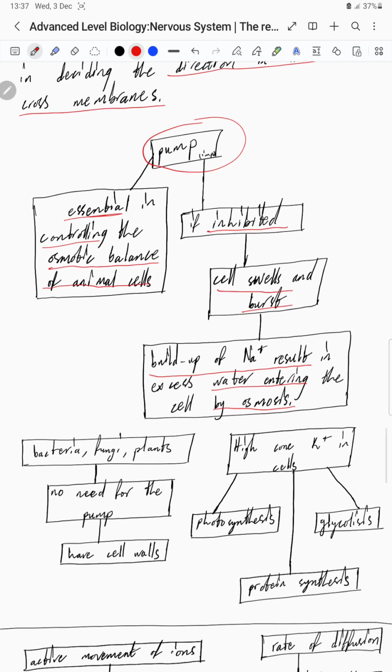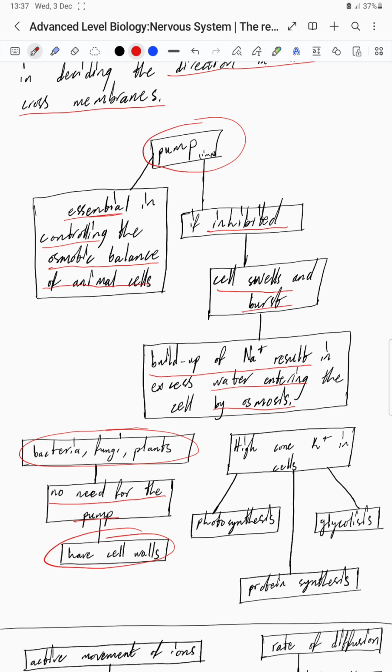And then if we look into bacteria, fungi and plants, they have no need of the pump because they have cell walls. We are seeing that when the sodium ions enter into the cell, that's when the water starts to move in by osmosis.